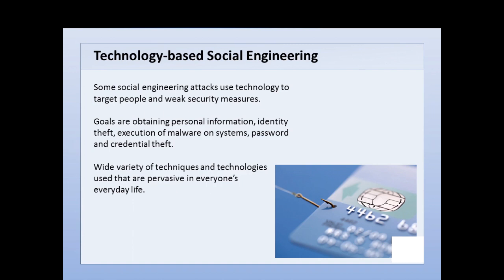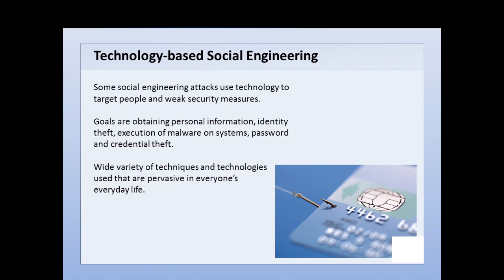We think of bank fraud and so forth when we look at that. We also may have a goal as a hacker of identity theft, getting enough pieces of information about them to create an identity that belongs to them and stealing it from them. In other words, getting licenses or other identification that could be used to obtain credit cards, loans, and so forth. So identity theft is a big consequence sometimes of technology-based social engineering.